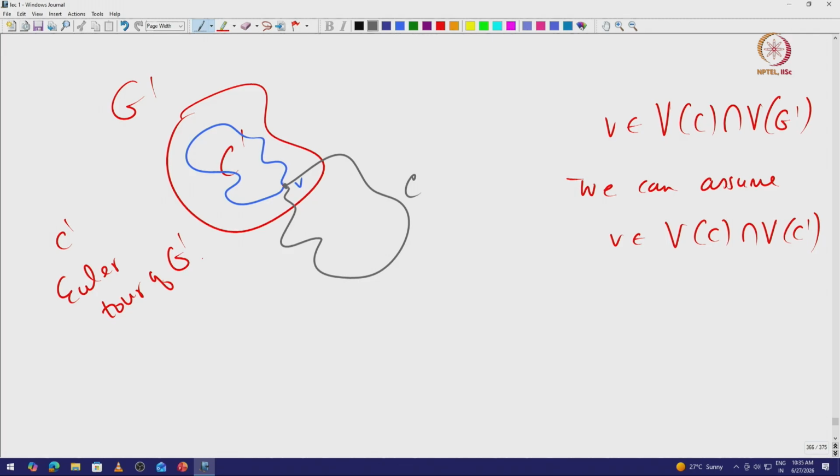Both C and C dash share only this vertex V. The subgraphs C and C dash can only share some vertices, because C dash is completely contained inside G minus E of C. So, C and C dash share no edges in common.